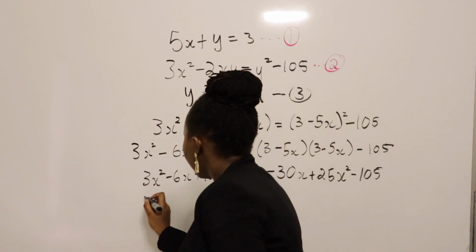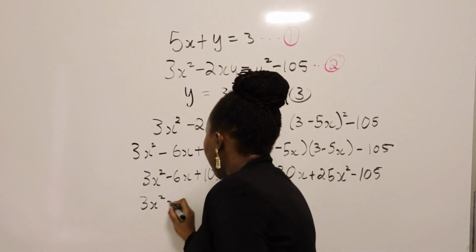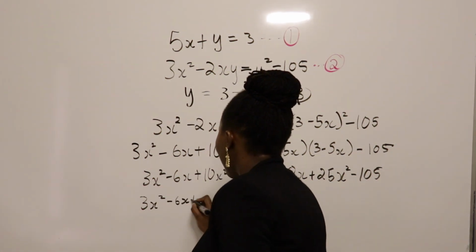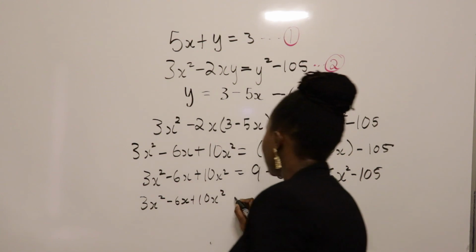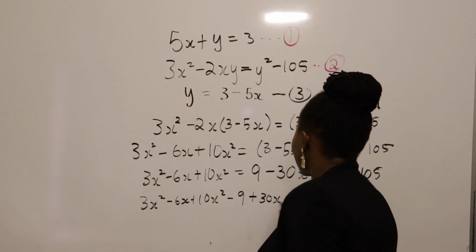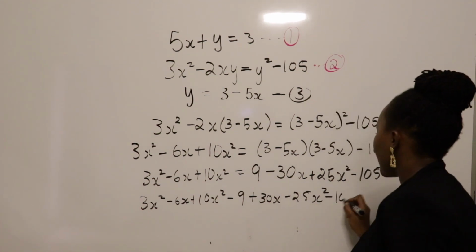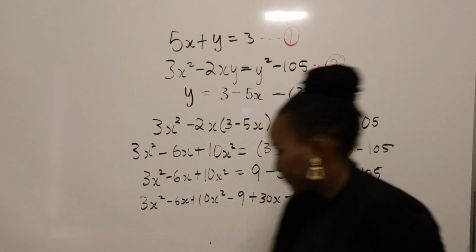So I will have 3x squared minus 6x plus 10x squared minus 9 plus 30x minus 25x squared minus 105 equal to 0.